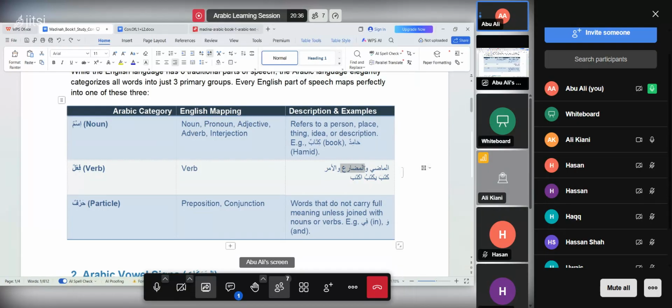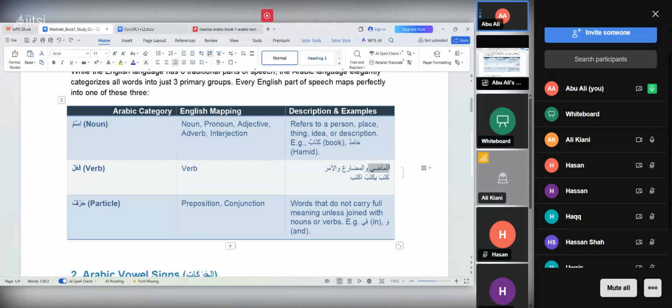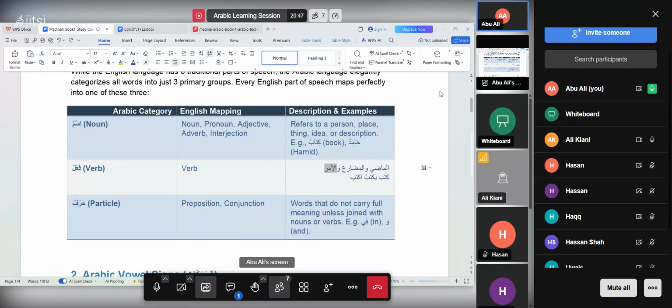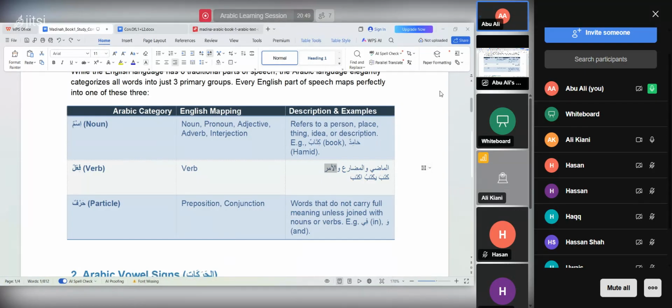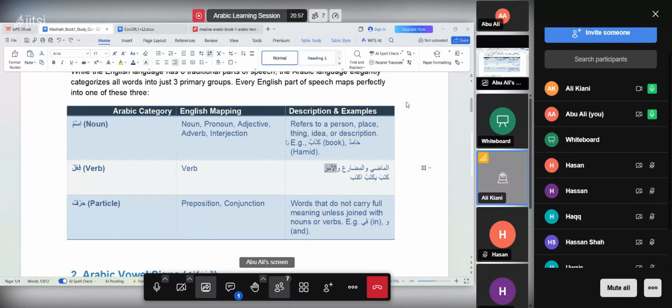المضارع also describes the future. الماضي describes the past, and الأمر is used to give an order. Okay, guys? So, until now, is everyone with me? So it's past, present, and imperative then. Yes. Alright.